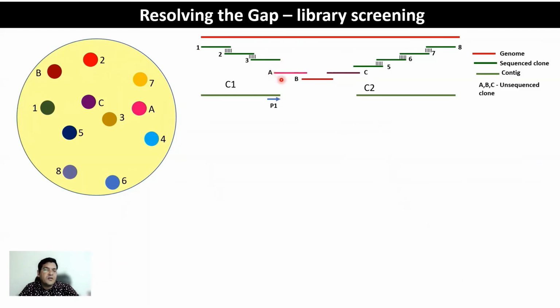So in this case, when you use probe P1, which has sequence commonality with the 3' end of fragment 3 and also the 5' end of fragment A, this probe is going to bind to both 3 and A. You already have the sequence of 3 and you know the location of 3. The other colony to which this probe binds will give you the idea of what is the next fragment in order.